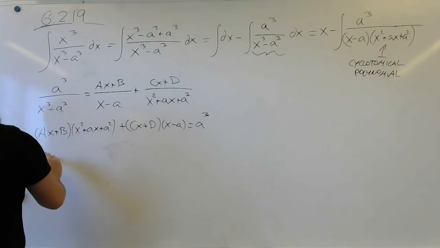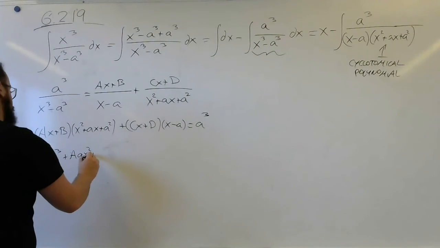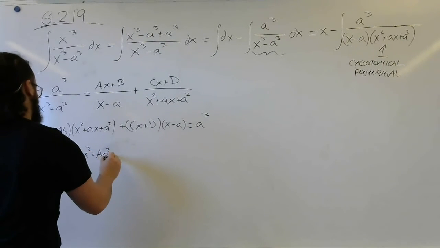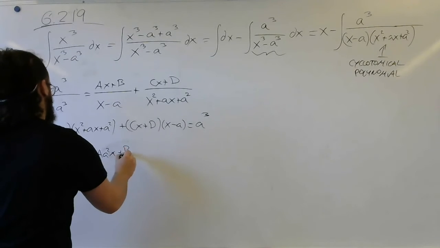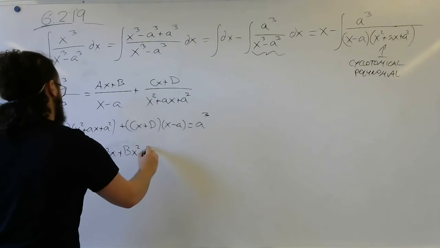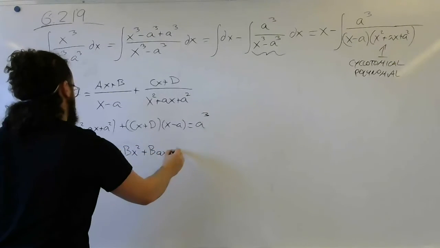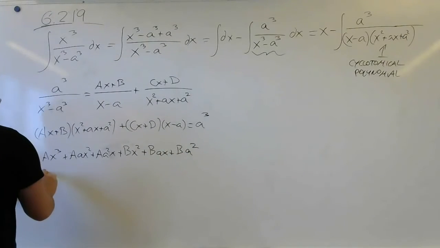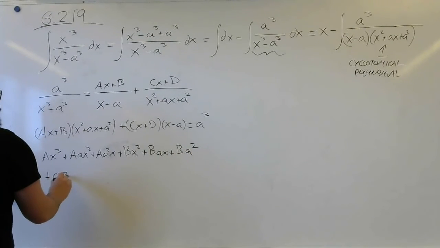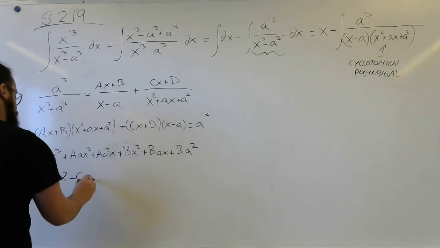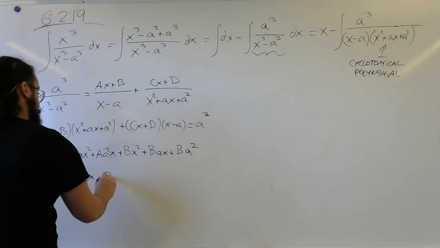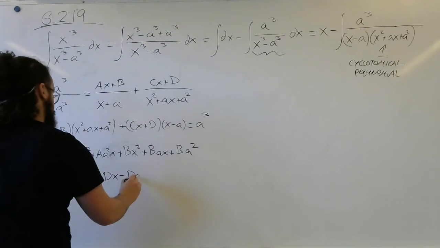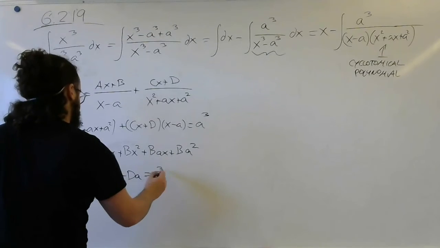And so this is ax cubed plus ax squared plus a squared x plus bx squared plus bax plus ba squared plus cx squared minus cax plus dx minus the a is a cubed.